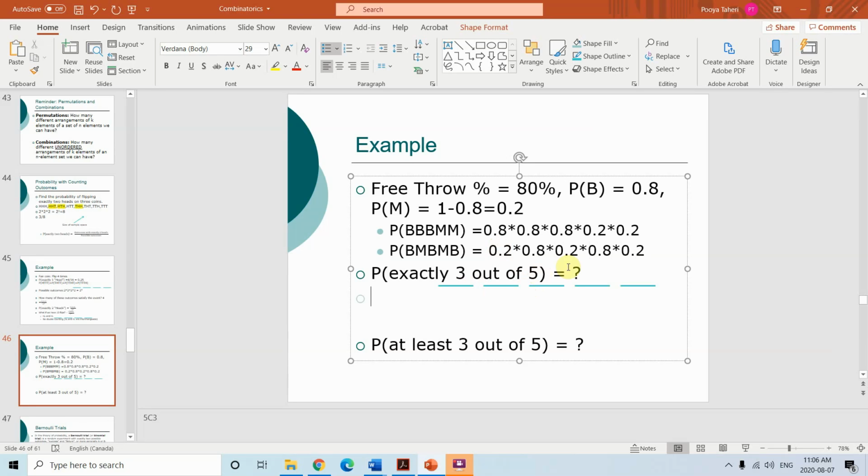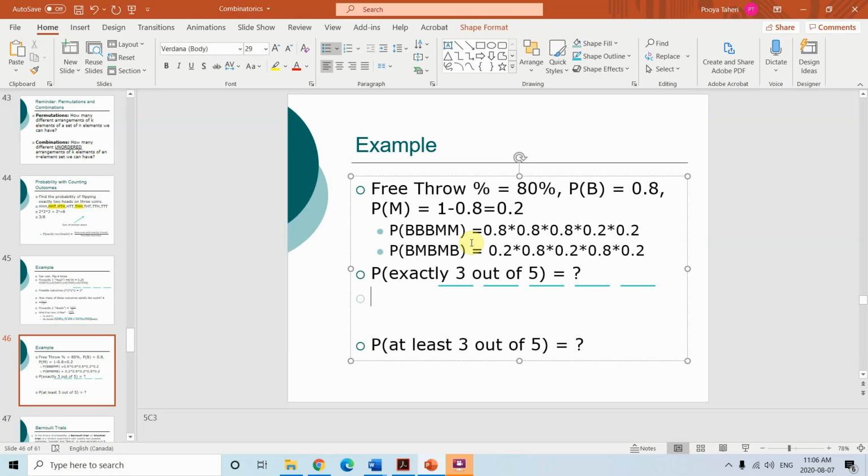Now the next question becomes a little bit more complicated. Here it's asking what is the probability of hitting exactly 3 baskets.